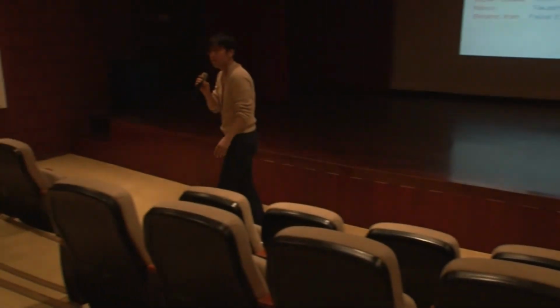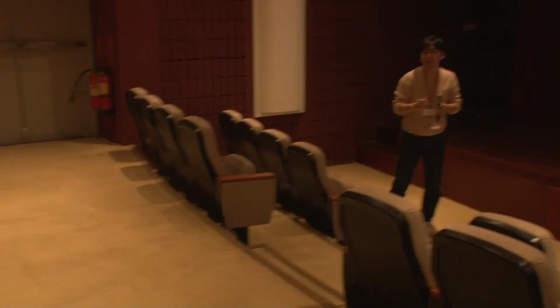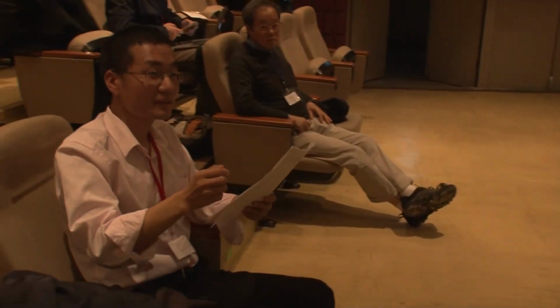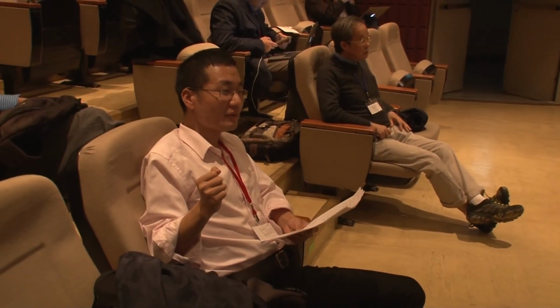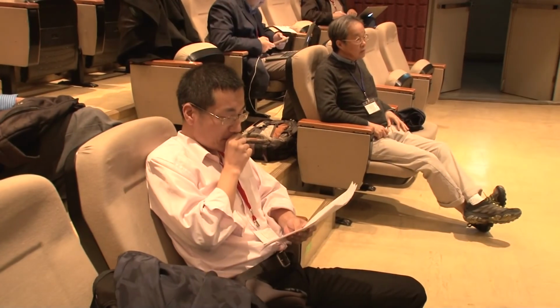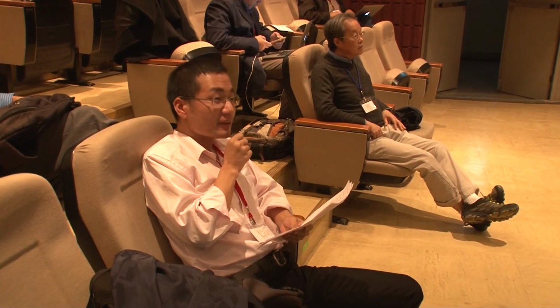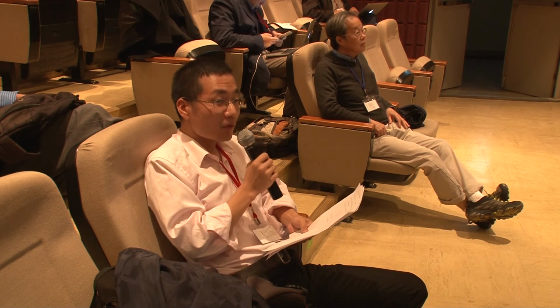Now time is open for questions. The first question is concerning the dibaryon of the omega-omega state. I think phase shift is not a direct observable, so it can be manifested by the cross section of omega-omega scattering.